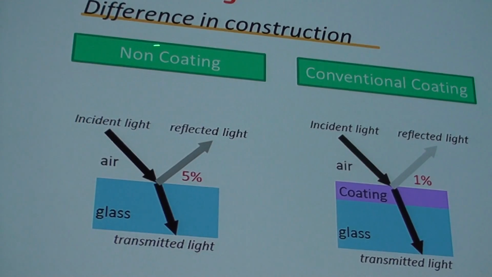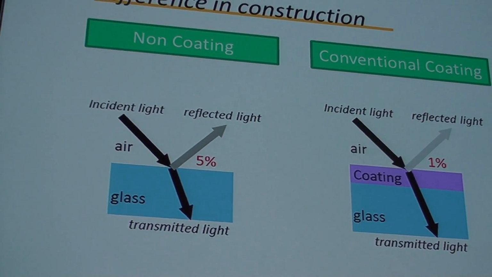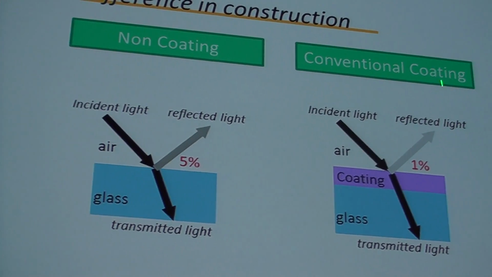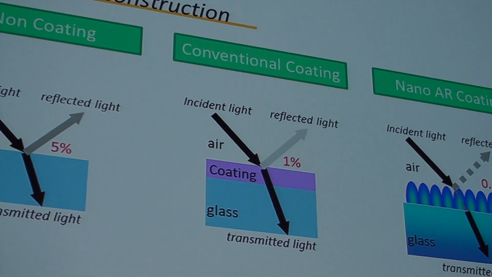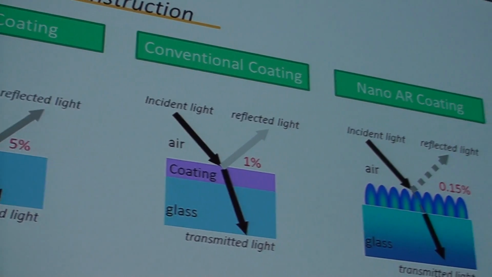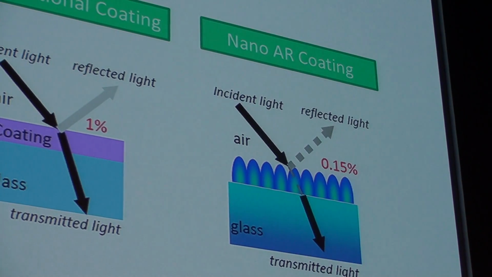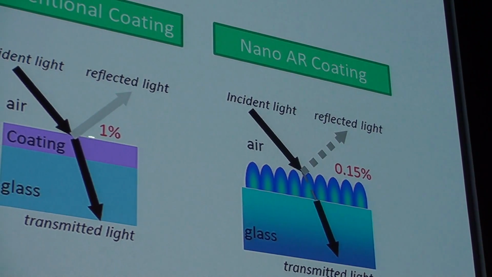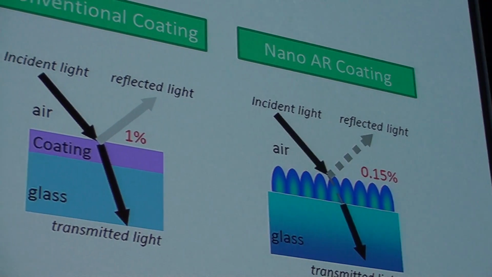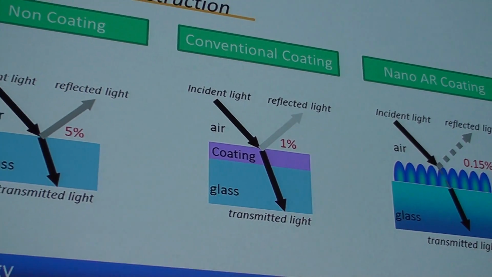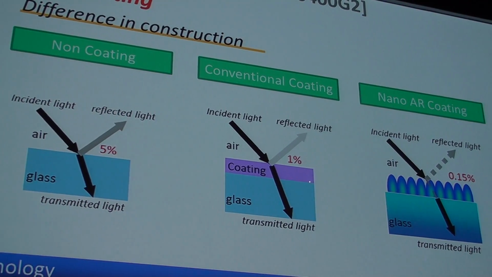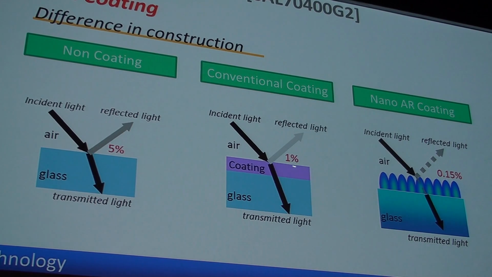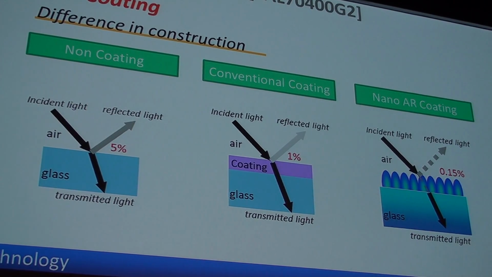The left image shows no coating. Okay? And this one shows the conventional coating. And this one shows the nano air coating. Please see the reflection ratio. It's very important. In many cases, 1% of the light flux is reflected.